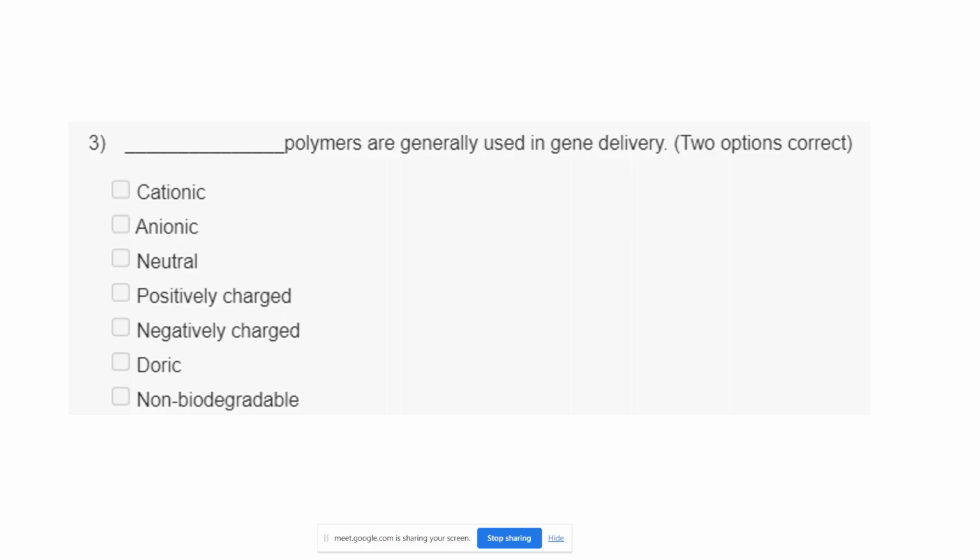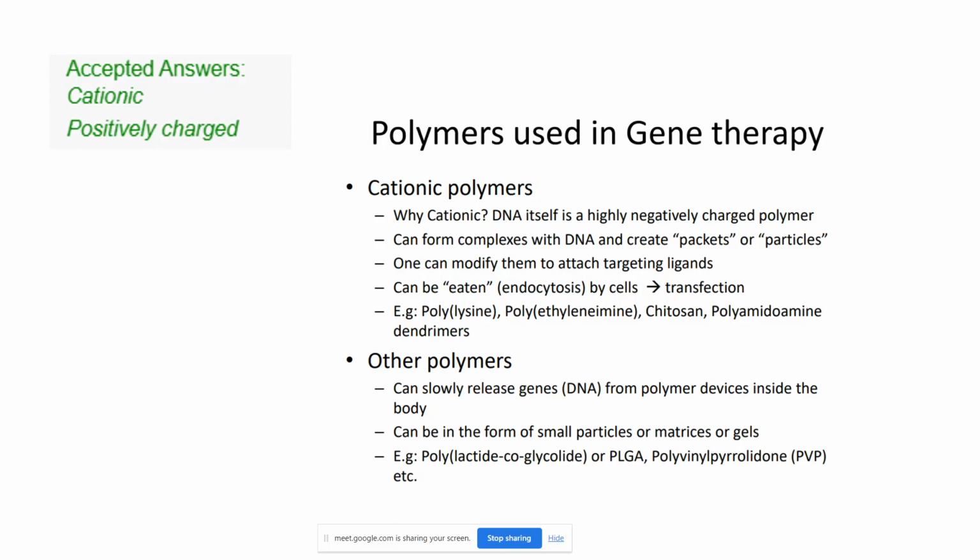Okay. Anyone else would like to answer? Yes, you are correct. Cationic and positively charged.